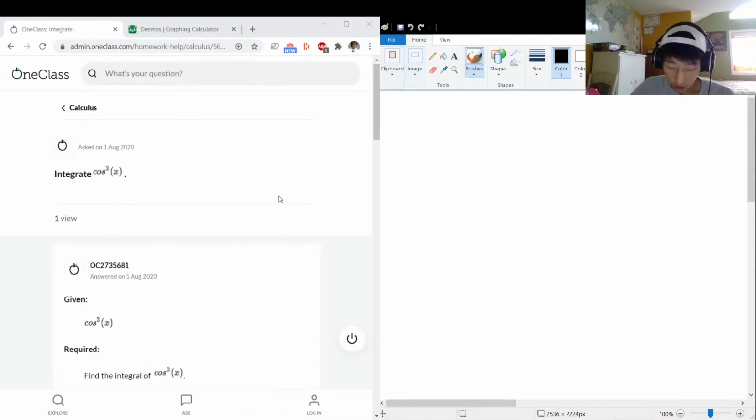So the first question that we will be dealing with today is the integral of cos squared x. So I'll write down our little question here. I'll just make my pen a little thicker.